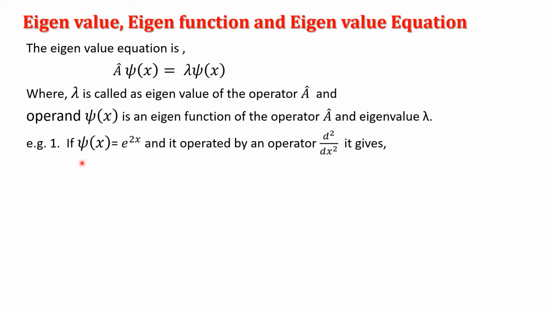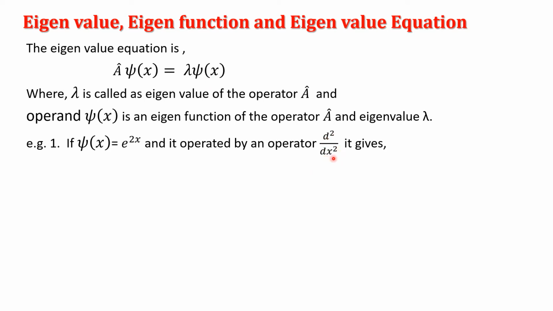First example, if psi of x is equal to exponential 2x and it is operated on by the operator d square by dx square, then how does that function satisfy the eigenvalue equation using the operator d square by dx square?